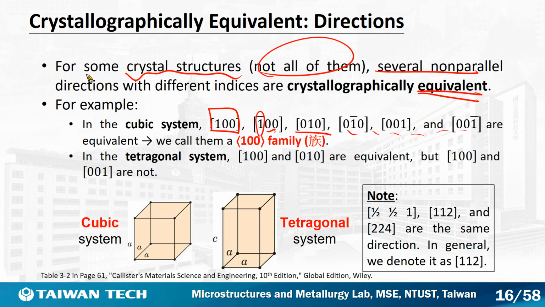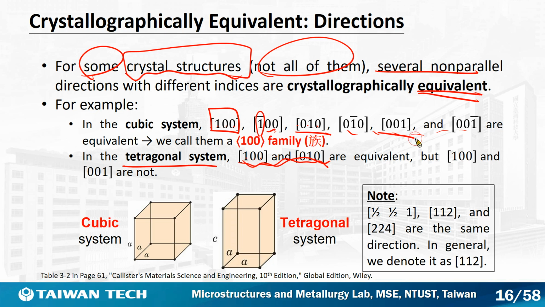However, for some crystal structures, the same example may not be true for other crystal systems. For example, 100 and 010 are equivalent for tetragonal.